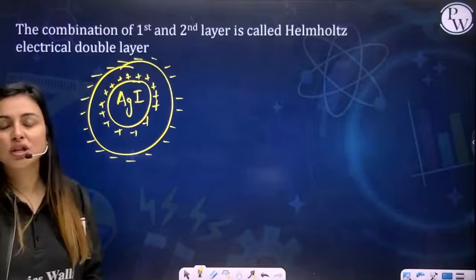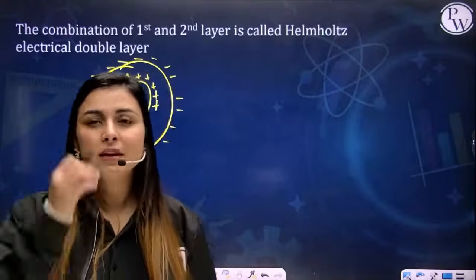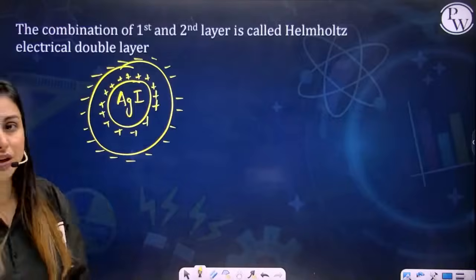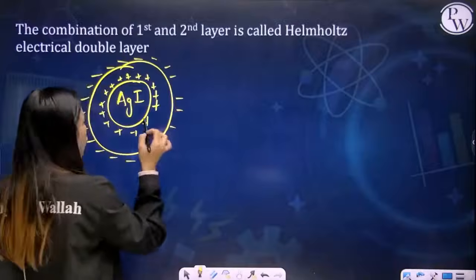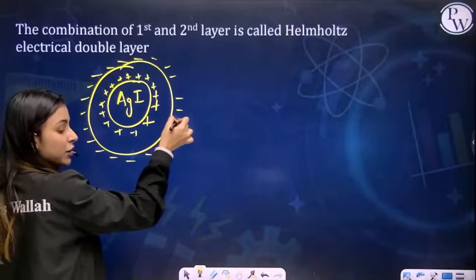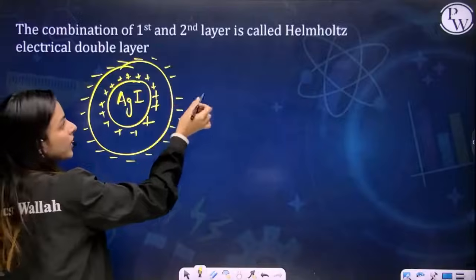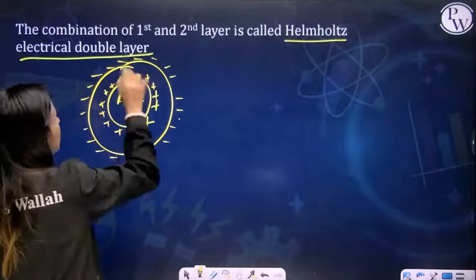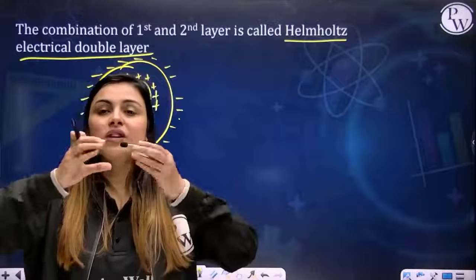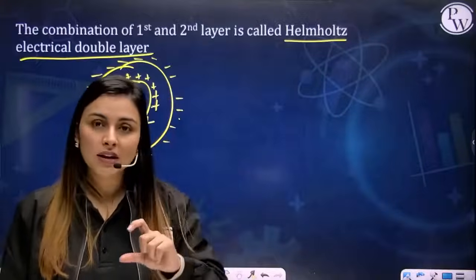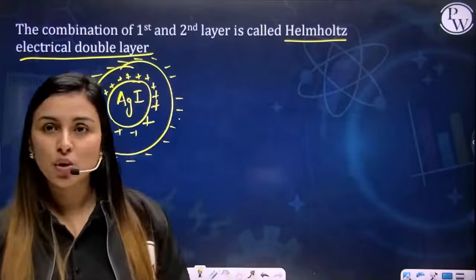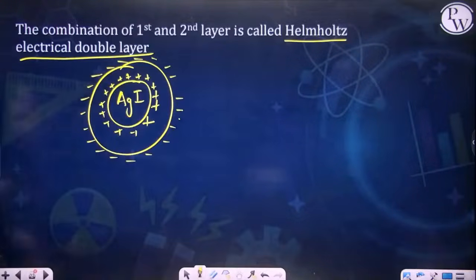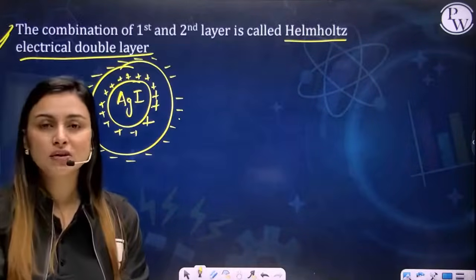Since there is a difference of charge, they develop a potential difference between them, and that potential difference is known as zeta potential. The combination of the first and the second layer together, the positive and the negative layer, is known as the Helmholtz electrical double layer.